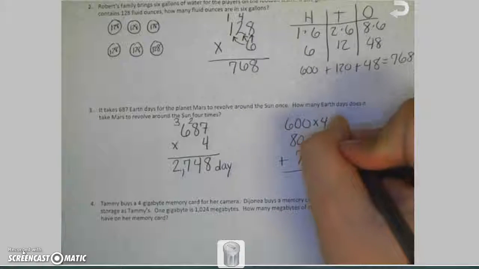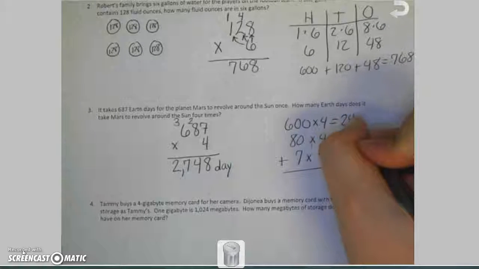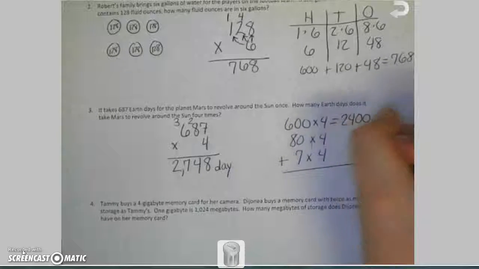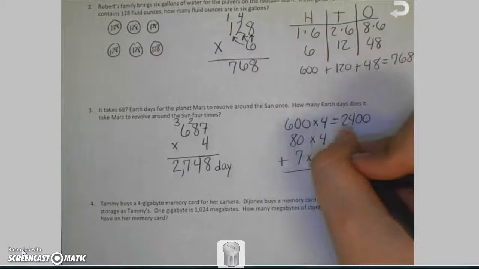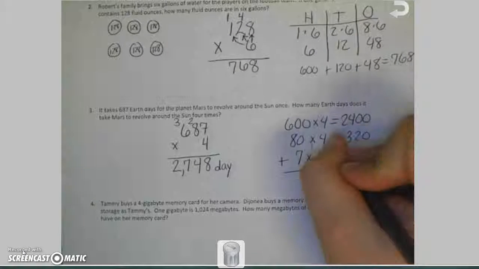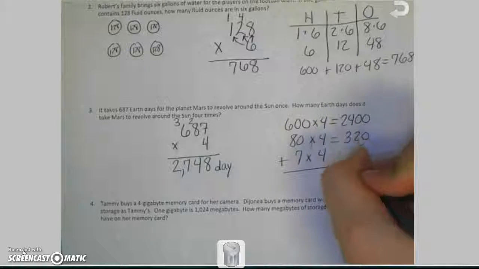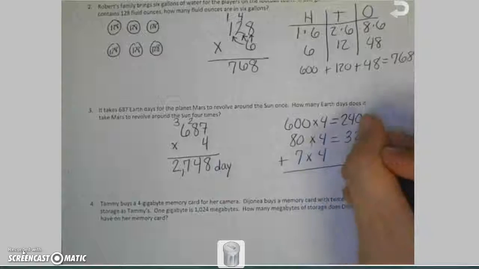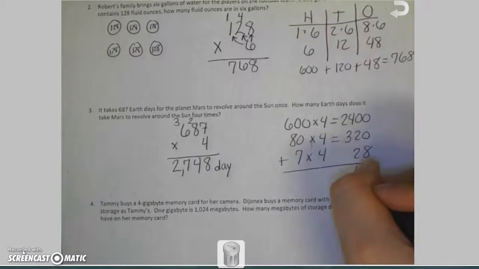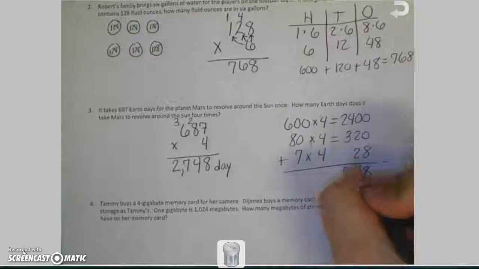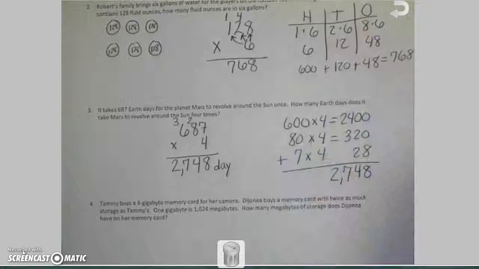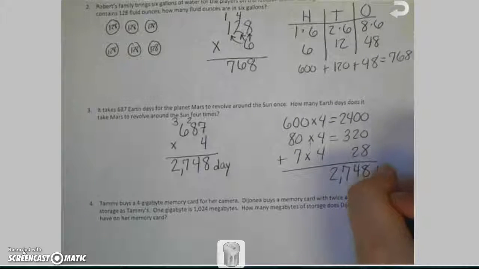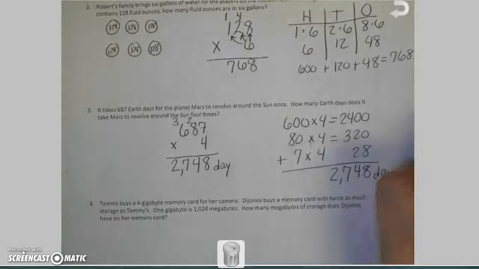So 600 times 4, 6 times 4 is 2,400. 8 times 4 is 32, so it's 32 tens, which is 320. And 7 times 4 is 28. So add up my partial products: 8, 2 plus 2 is 4, 4 plus 3 is 7, and 2 thousands. So again, I get 2,748 days.